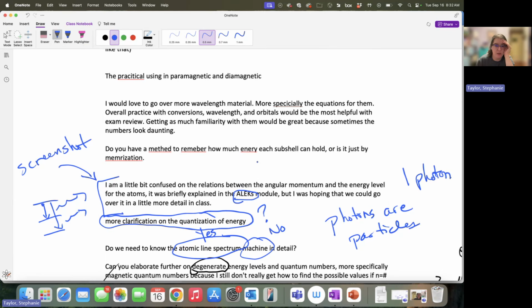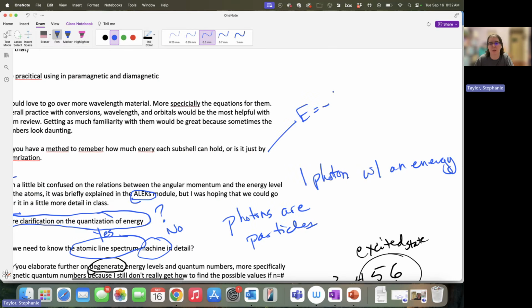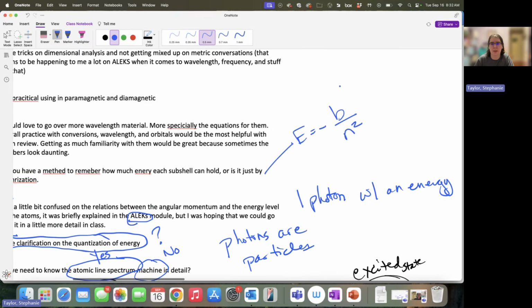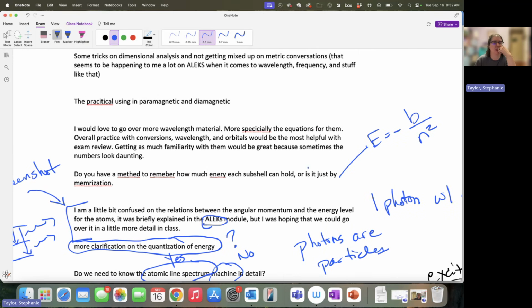Do you have a method to remember how much energy each subshell can hold, or is it just by memorization? I think I've answered this one, because either we're doing the Bohr model, in which case you're going to calculate it, no memorization, or we're doing how many electrons fit in subshells, in which case you're doing quantum numbers, and it's up to you if you think that's memorization or not.